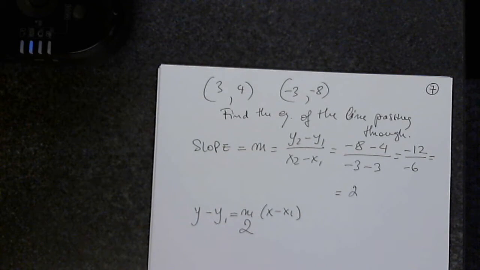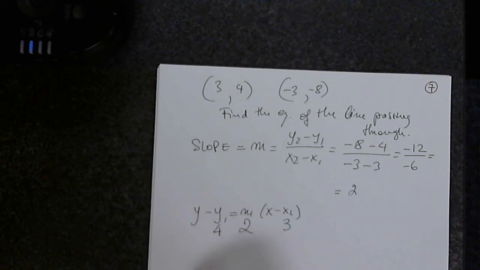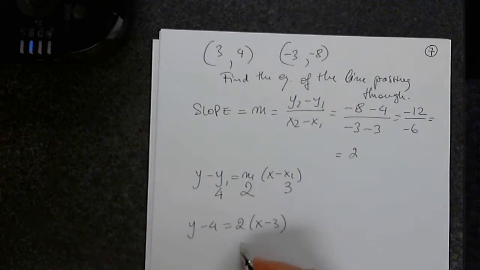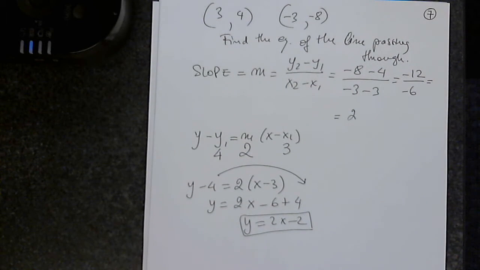Okay, so you want 3, 4. So this is 3 and this is 4. So then we have y minus 4 equals 2 times x minus 3. Yes, I have to distribute. So then I get 2x minus 6 plus 4. I move 4 to the other side. So y equals 2x minus 2. What does this represent? Well, it's the equation of the line passing through the given points.